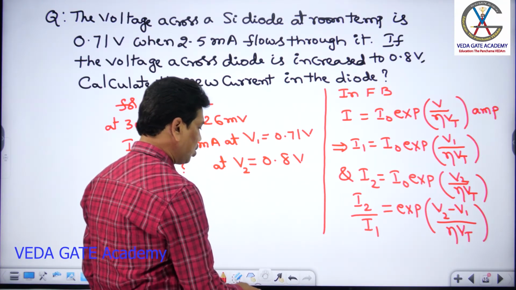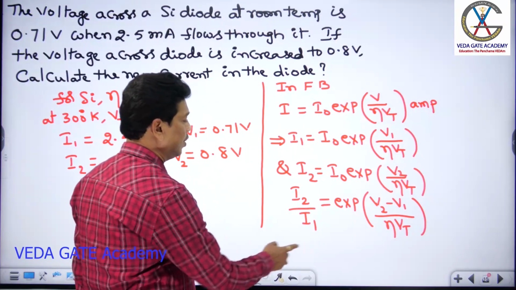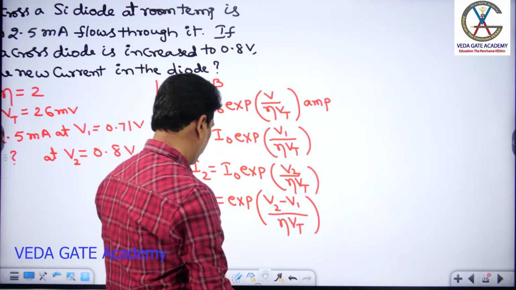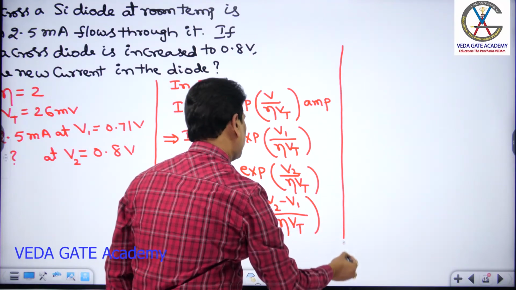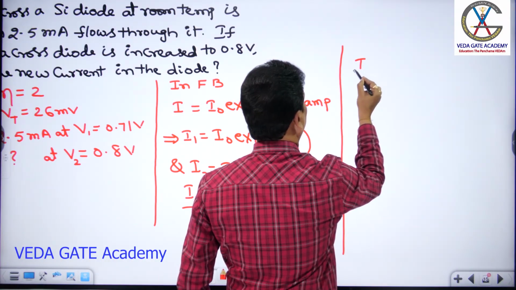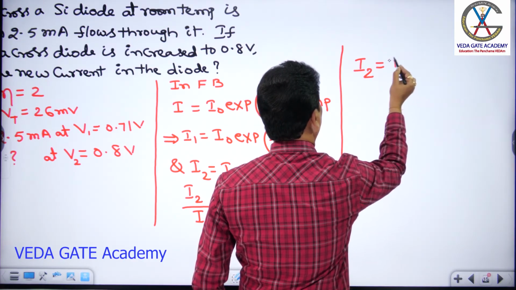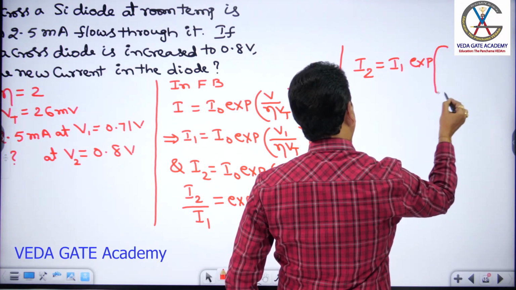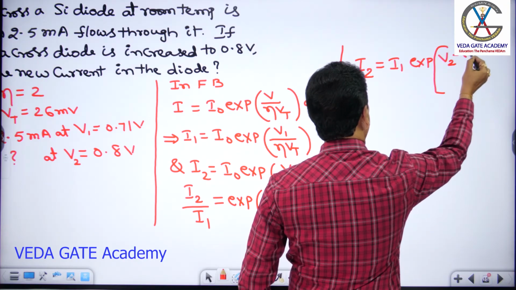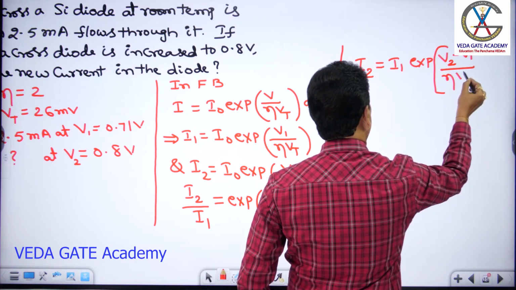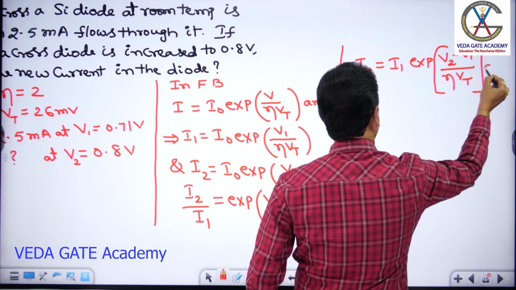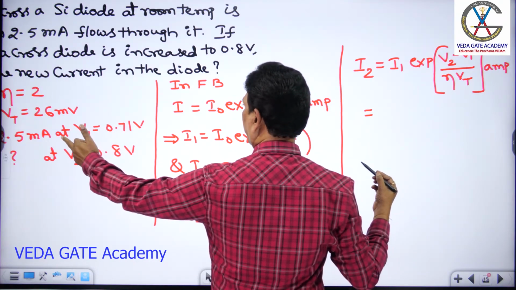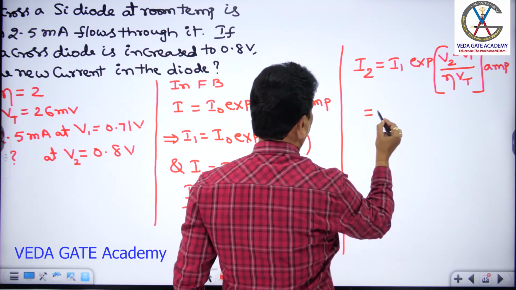So I2 equals I1 times exponential of V2 minus V1 by eta Vt ampere. What is I1 given? I1 equals 2.5 milliampere.